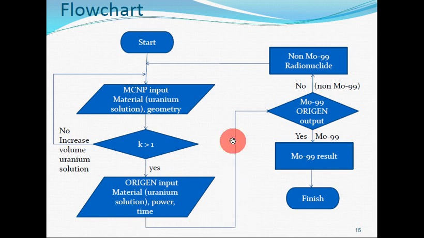From the ORIGEN output, we will take the molybdenum-99 as the result right here, and we return the rest of the extraction, the non-molybdenum-99 nuclides, to the reactor core, and this cycle goes on and on, and for this research I made 10 cycles, and this is the result, and this is the finish of the flowchart.